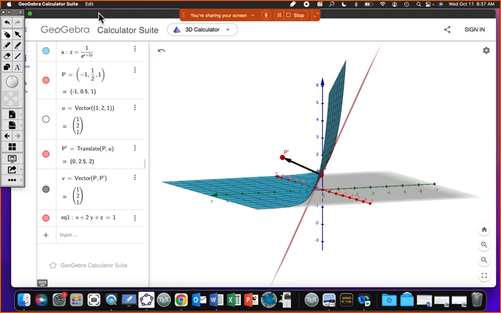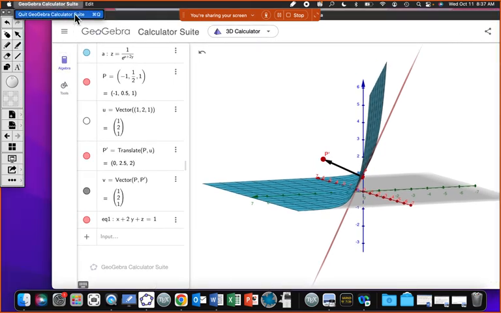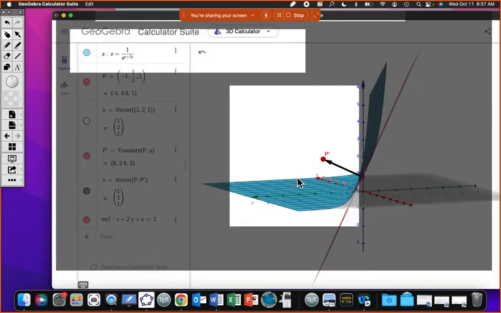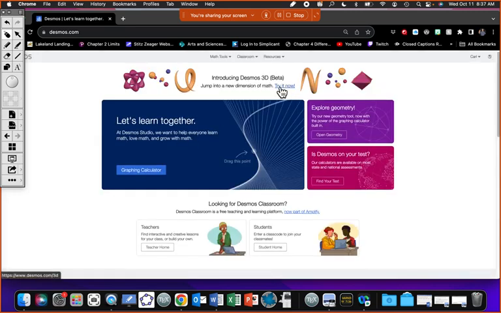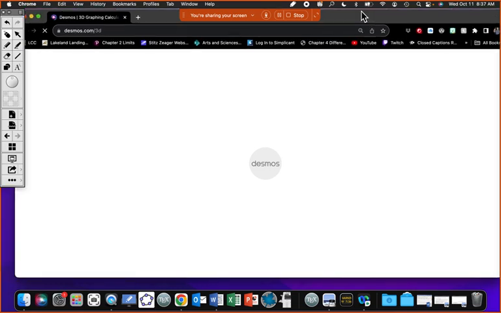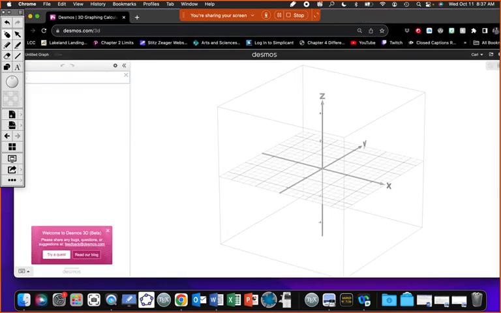Now on Desmos, once again, I don't know how to do the vector on Desmos, but Desmos seems to handle these implicitly defined functions much better. Just gotta use parentheses.